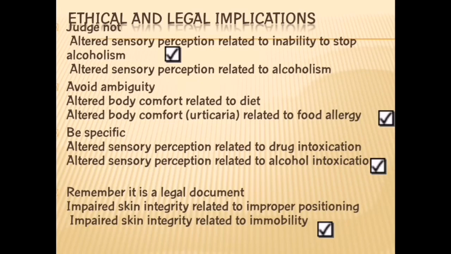So impaired skin integrity related to immobility, that is right. You don't write impaired skin integrity related to improper positioning. You are in trouble, because the time we see you write that, you are going to court.